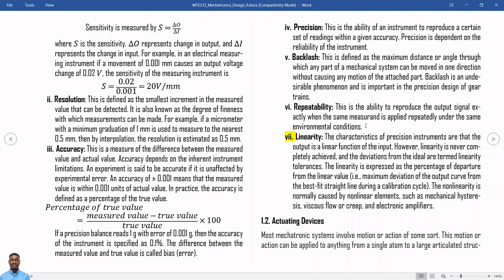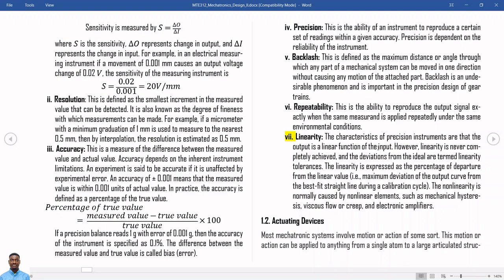Then also we have what we call linearity, which is the final quality parameter of a sensor that we are going to be discussing. So linearity talks about the outputs from your precision instruments. By default, the idea is that the output from your measuring instruments is linear to the input, but in real life, the output from your measuring instruments is not actually linear to the input.